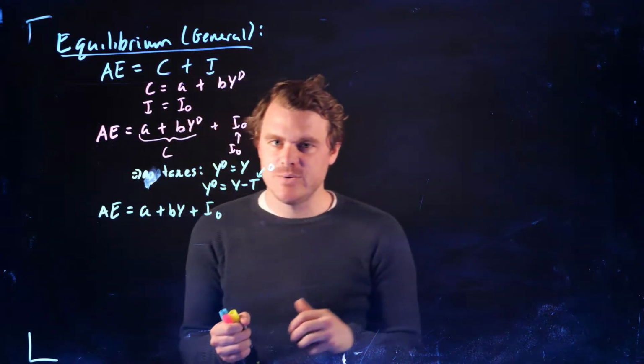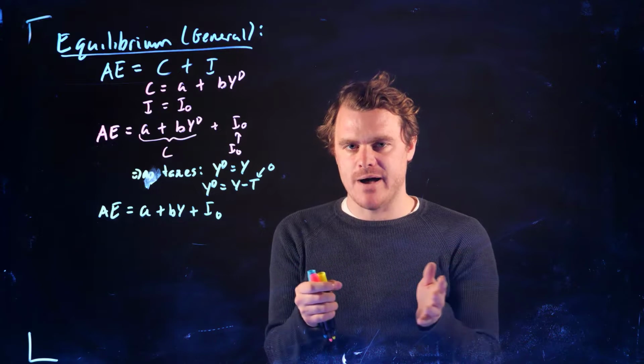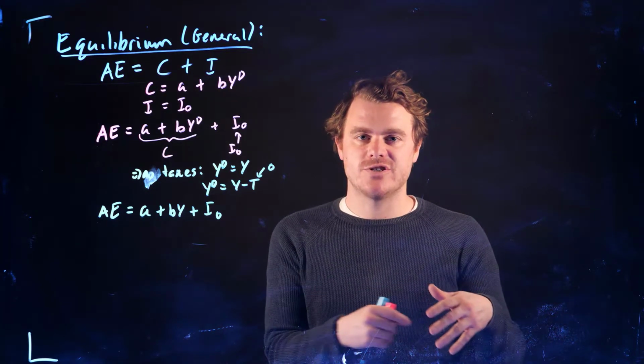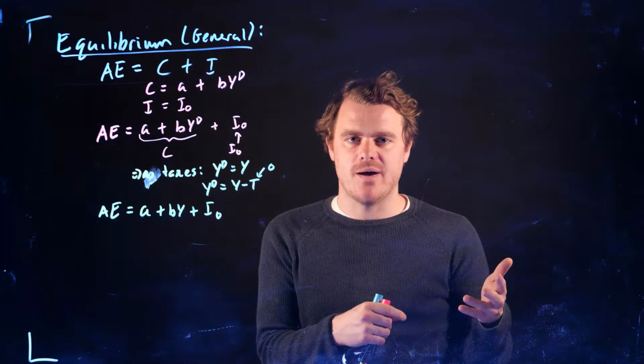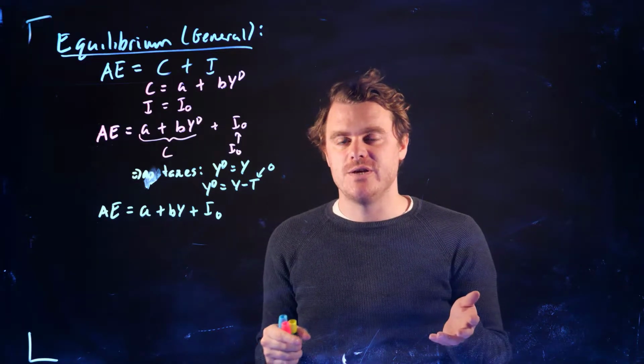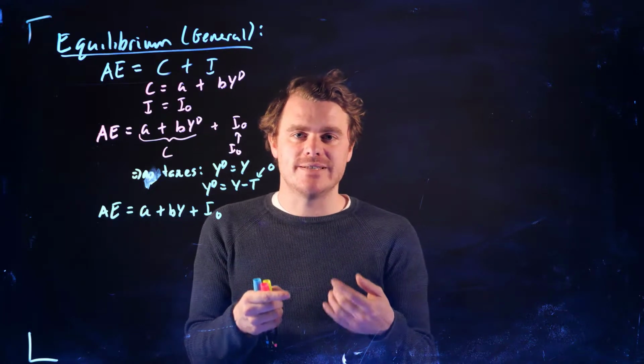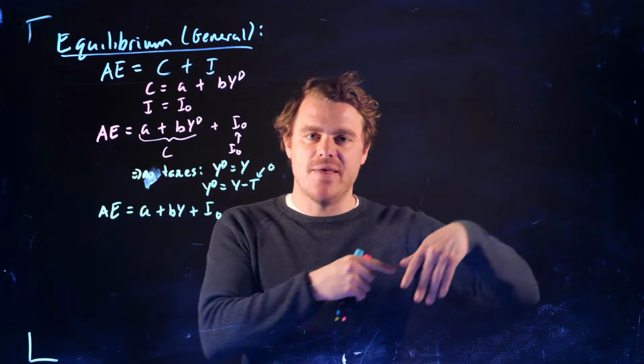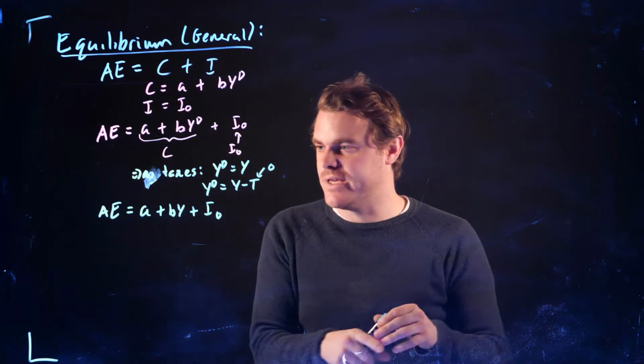Well, what we can then do is collect the terms multiplied by Y and then collect the terms not multiplied by Y. The language we'd use here is we'd collect autonomous aggregate expenditure and then have induced separately.